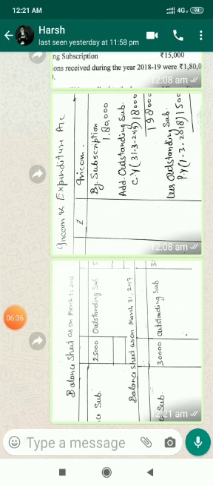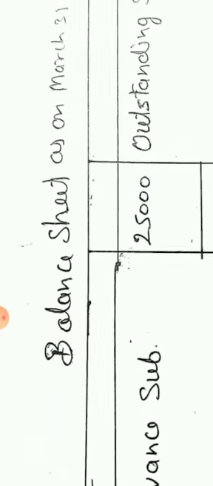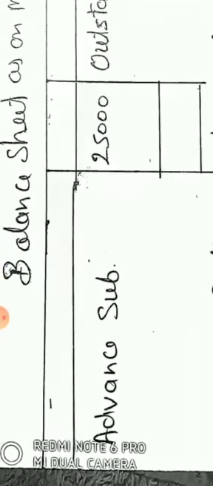Next, we are going to make the balance sheet, and in this balance sheet first we are going to show the balance sheet of 2016. On the liability side we are showing advance subscription 25,000, and on the asset side outstanding subscription 50,000.